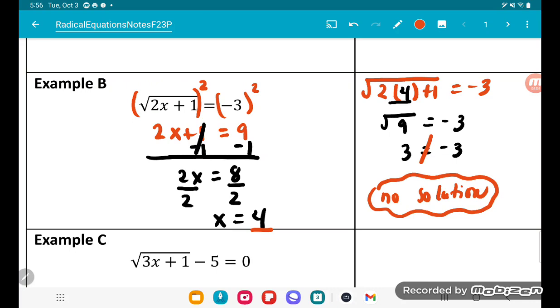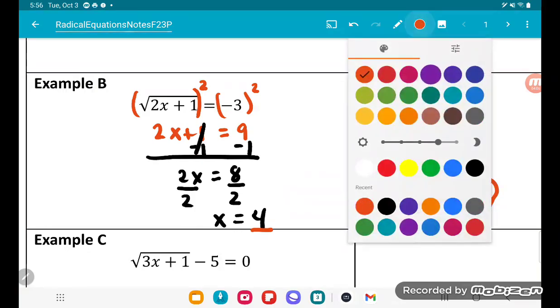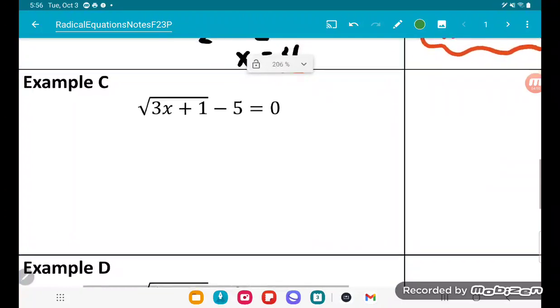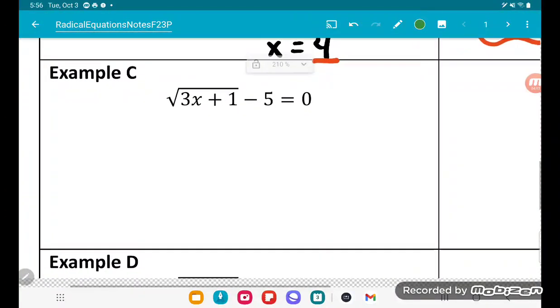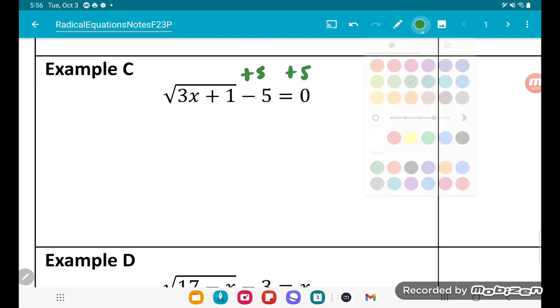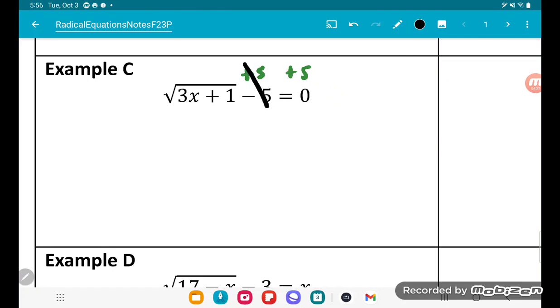Alright, let's look at example C. The square root of 3x plus 1, minus 5, equals 0. The radical is on the left, and there's a minus 5. Let's go ahead and add 5 to both sides. The square root of 3x plus 1 is going to equal 5.